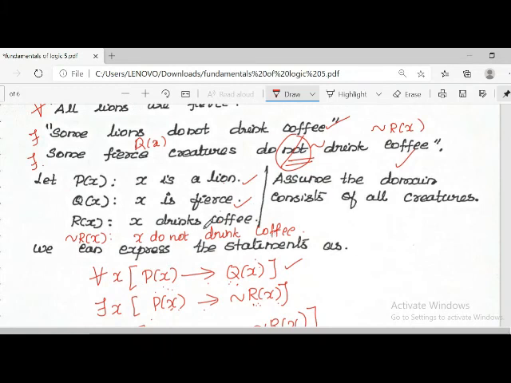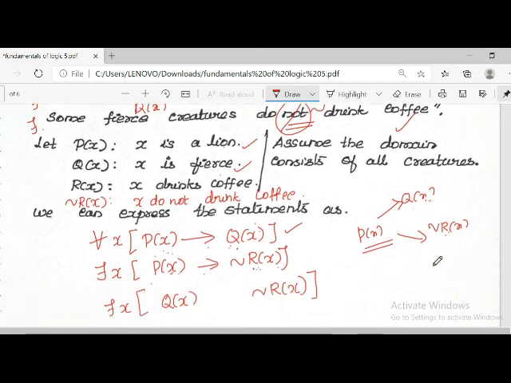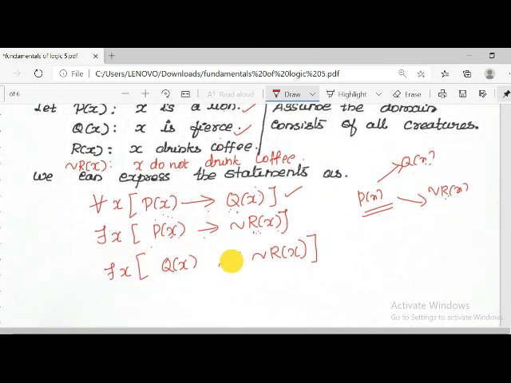So P of x with respect to Q of x and P of x with respect to the negation of R of x, which means all lions are fierce, but some lions do not drink coffee. They are fierce and they do not drink coffee, isn't it? And means here comes the connective word conjunction. So therefore there exists x, Q of x, conjunction, negation R of x is the statement.